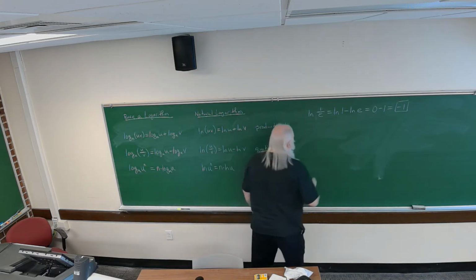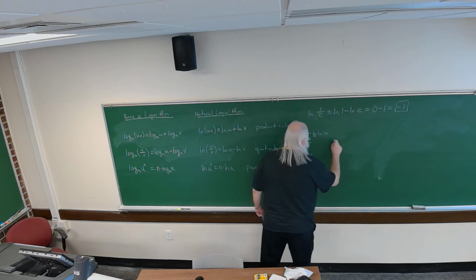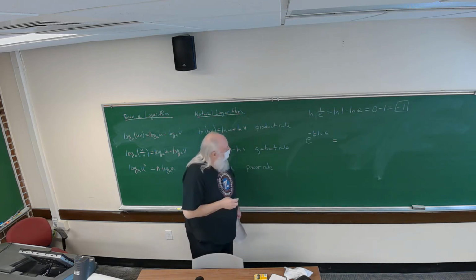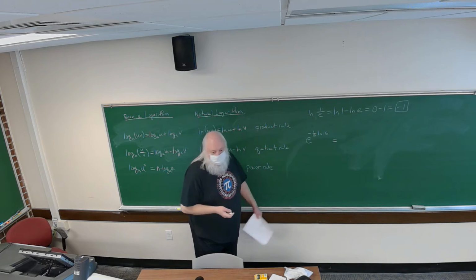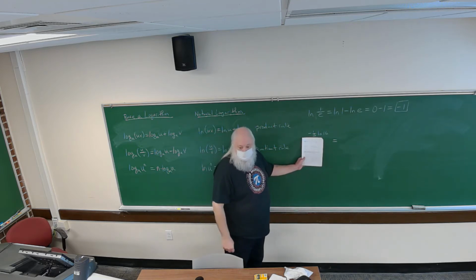In b, we have e raised to the -1/2 times the natural log of 16 power. We've got to be careful because you have a natural logarithm in the exponent, right? So let's just look at the exponent.